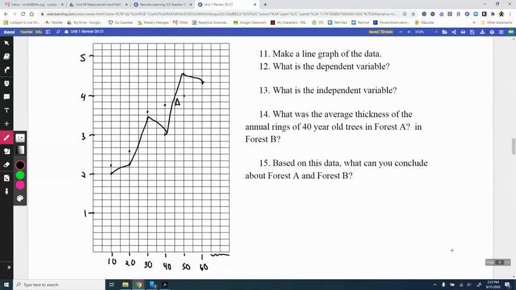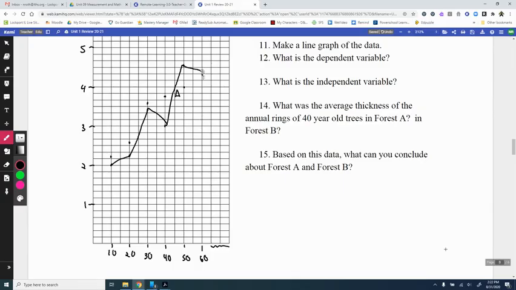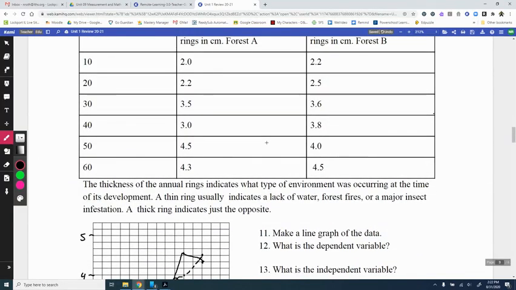And 60 years, 4.5. So now we're going to connect those dots, and this time, since we did a solid line last time, we'll do a dotted line this time. Put that A in an inopportune spot. Just like that. So that is forest B. Okay. So that is our graph for that.